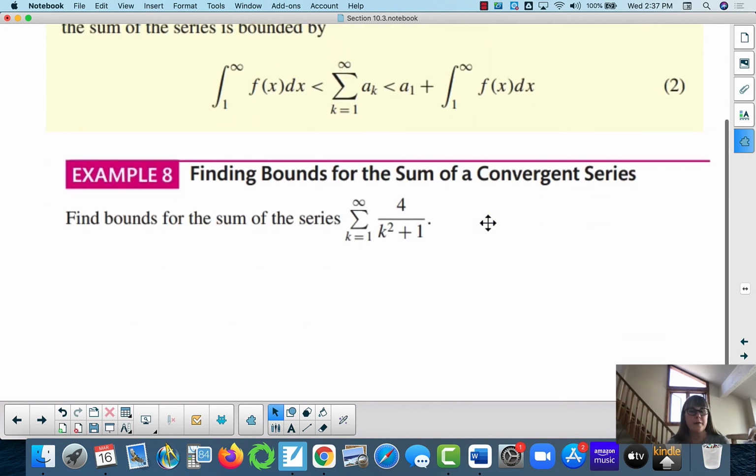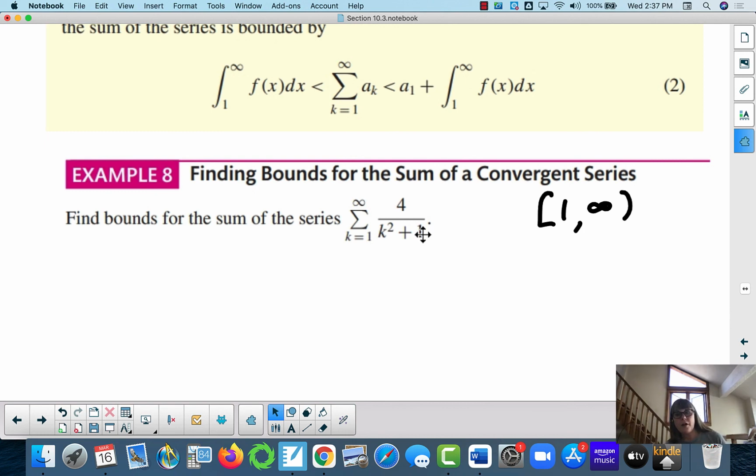So we have to, again, determine that this function right here is positive. We have 1 to infinity, so again, we're on this interval. That function is positive on that interval. It is decreasing on that interval. We can show that again with a derivative if we need to. And it's continuous on that interval because it has a derivative.